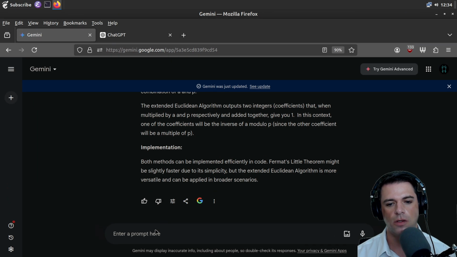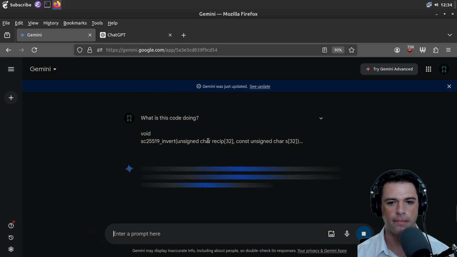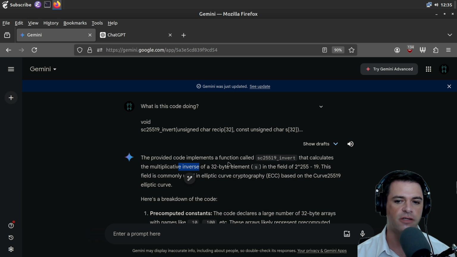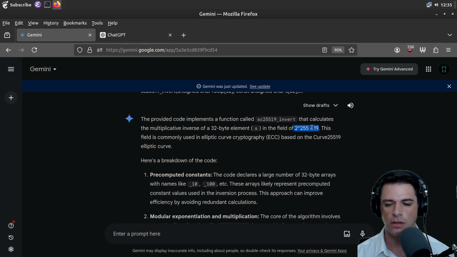I'll ask, what is this code doing? It calculates the multiplicative inverse of a 32-byte element in the field of 2 to the 255 minus 19, commonly used in elliptic curve cryptography.